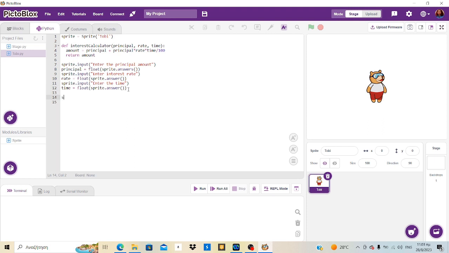So sprite say function: amount is greater than.